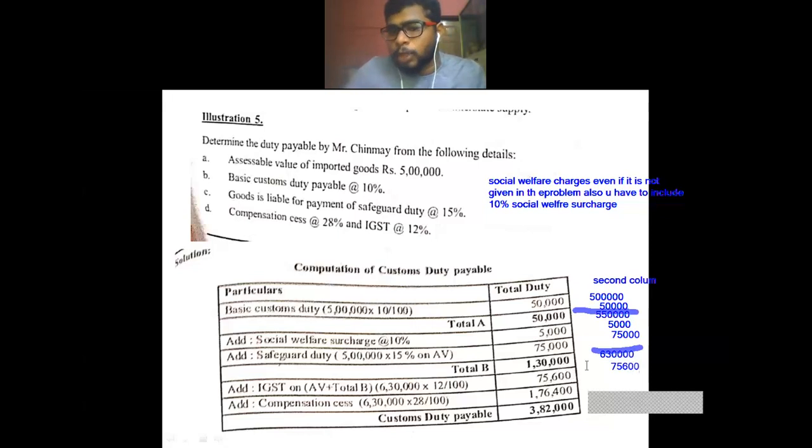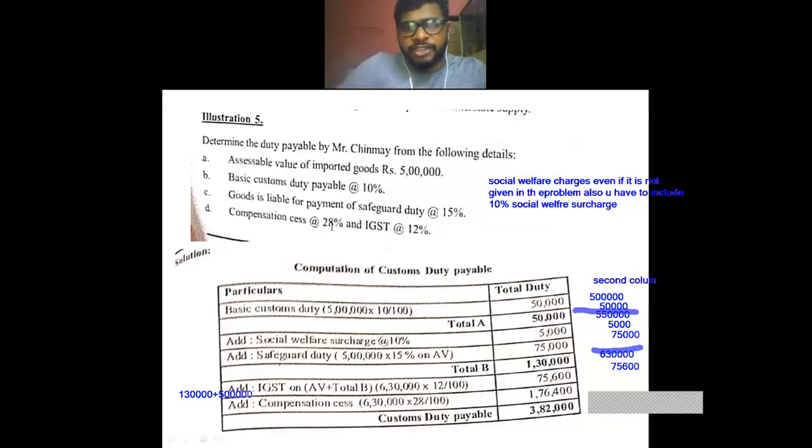Otherwise, this 1,30,000 plus assessable value 5 lakh is equal to 6,30,000 into 12%. Assessable value plus tax amount 6,30,000 into 12%, that is 75,600.